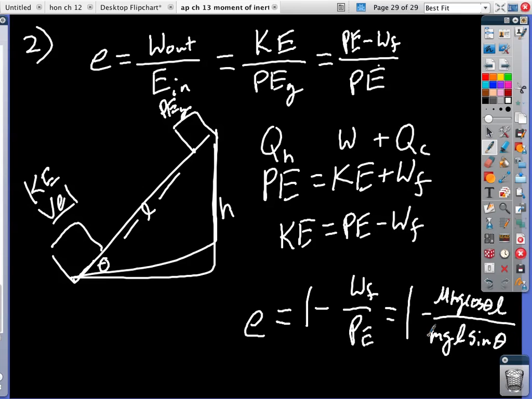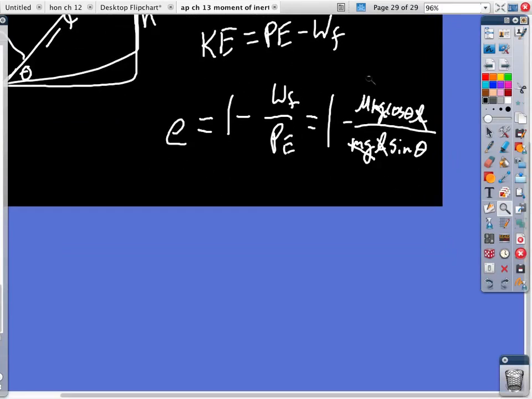Hey, look at that. mg cancels, L cancels. Ooh, this is pretty fun. All right, and you get 1 minus mu cos theta over sine theta.